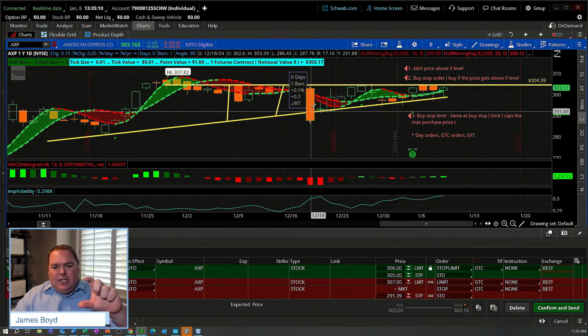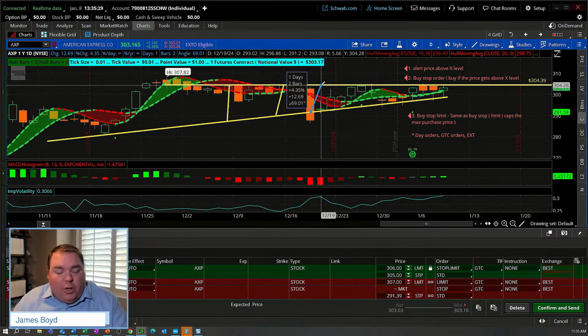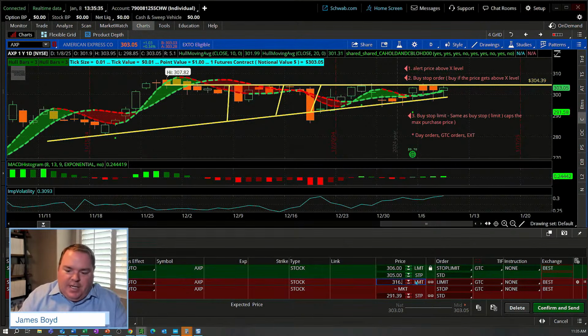If I did this distance right here, where there was a more recent touch, it's about $12. Obviously, we're taking the width from the support level to the resistance and adding that measurement on top of resistance. So if the resistance is at 304 and I add $12 to it, it would be 316. Okay. I'm going to put 316.